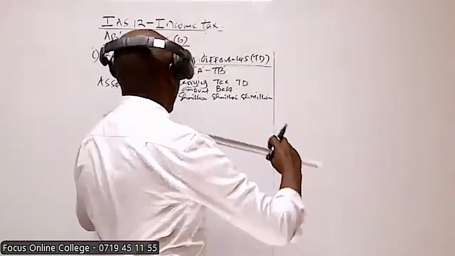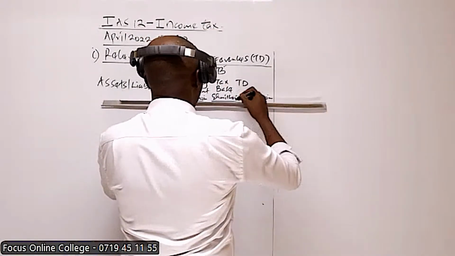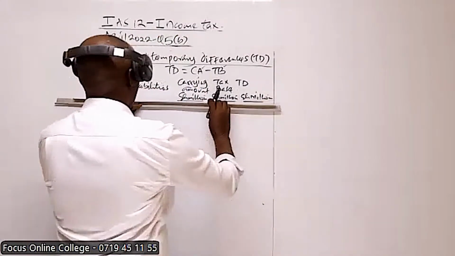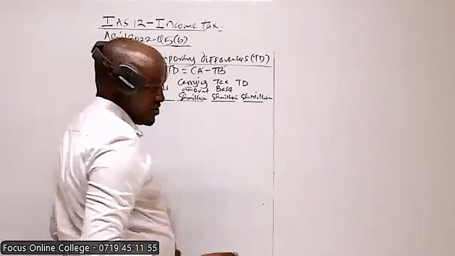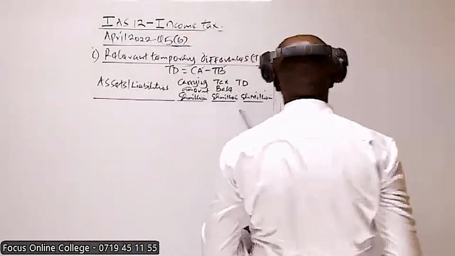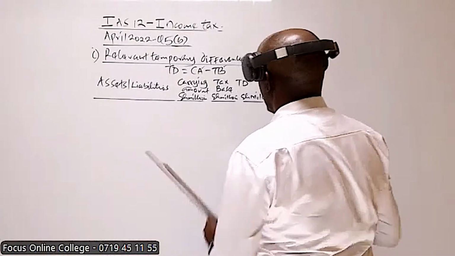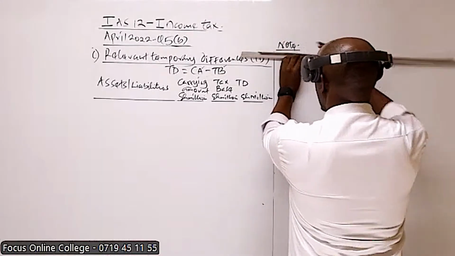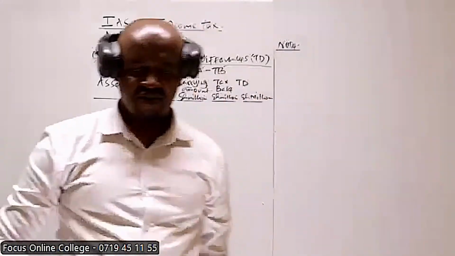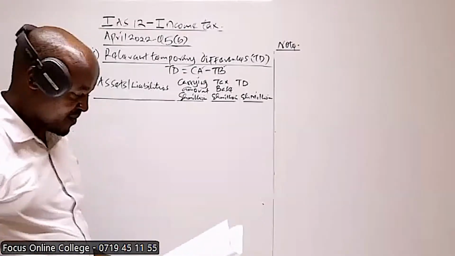I will guide you with a number of notes on how to determine the carrying amount and the tax base of the various items of assets and liabilities, because you are not given the carrying amount or the tax base directly. Let's go to note number 1.